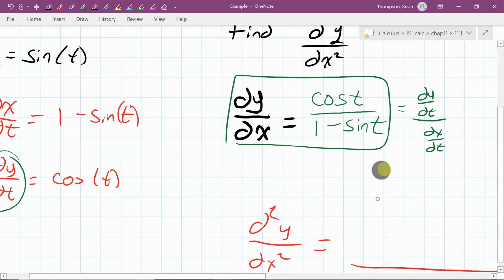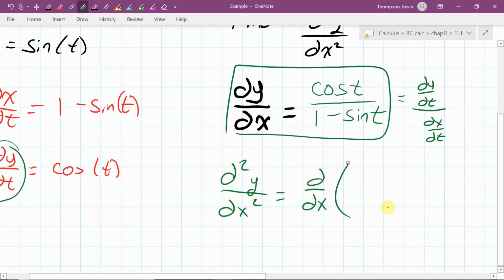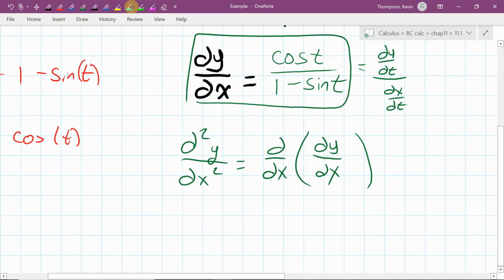Okay, so the second derivative: take the derivative of the derivative, and that's the notation that I wrote, right? That's what we're trying to do. An important caution right here: we're taking the derivative with respect to x, but there's going to be t stuff I write down.